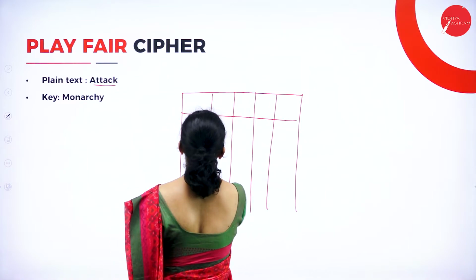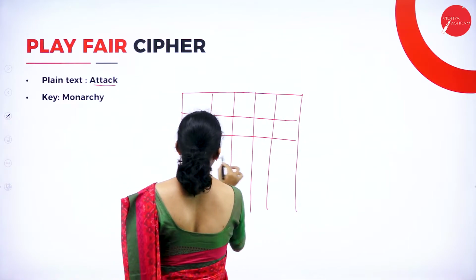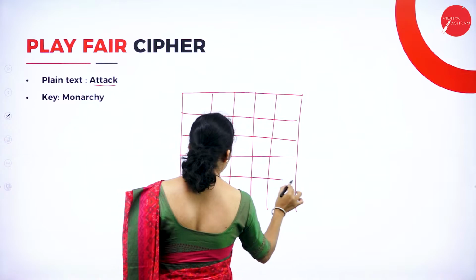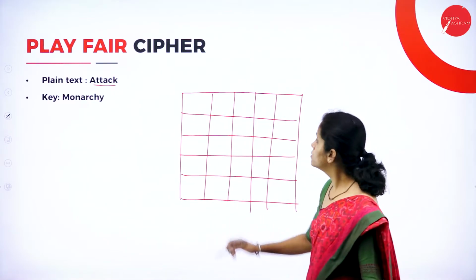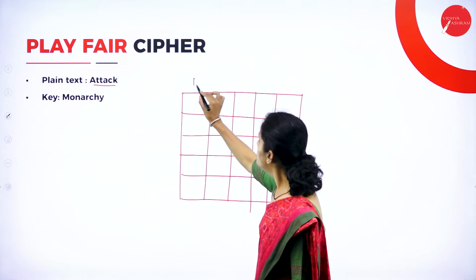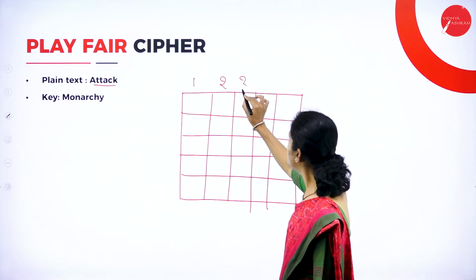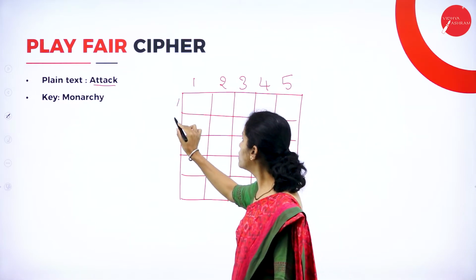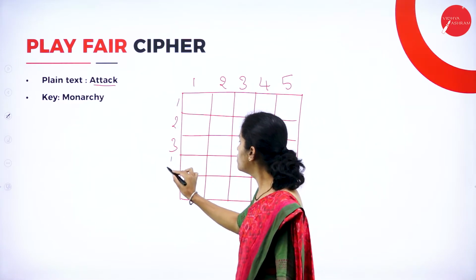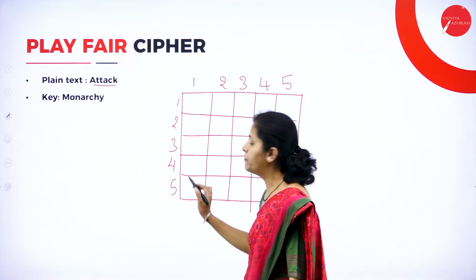So I want to draw the matrix that must have 5 rows and 5 columns. So it is my column 1, column 2, column 3, column 4 and column 5. Here row 1, row 2, row 3, row 4 and row 5.